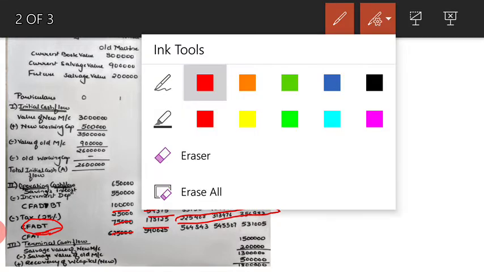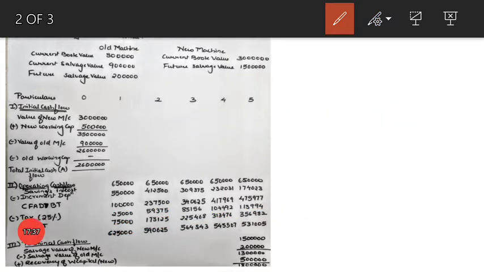Once we calculate the cash flows after depreciation and tax, we have to add back depreciation, if you remember, to calculate CFAT. So now we have to add back depreciation.